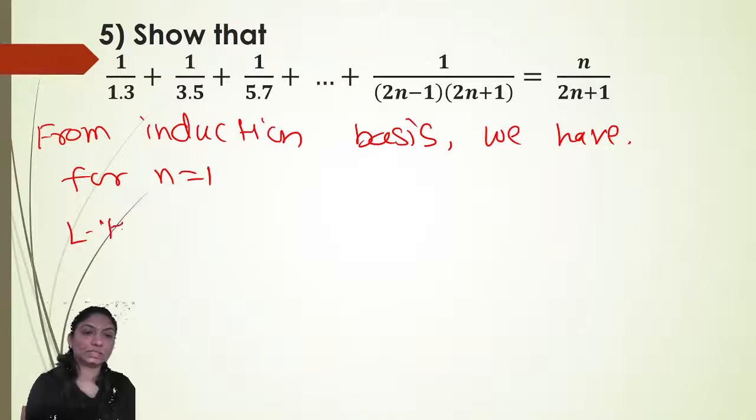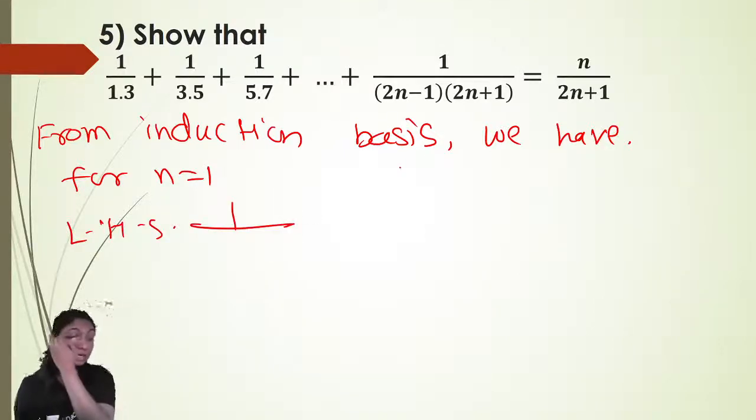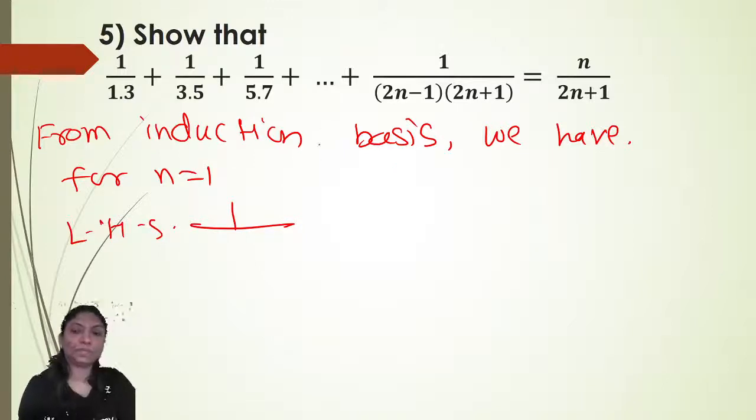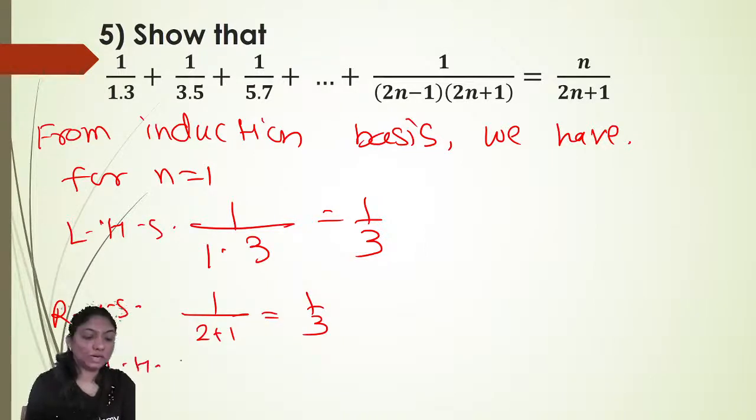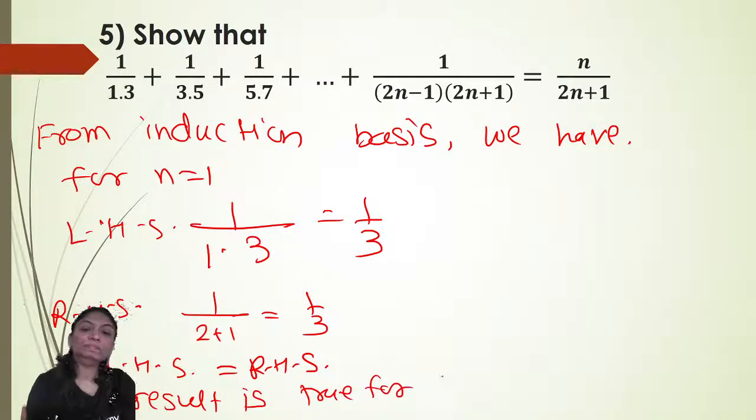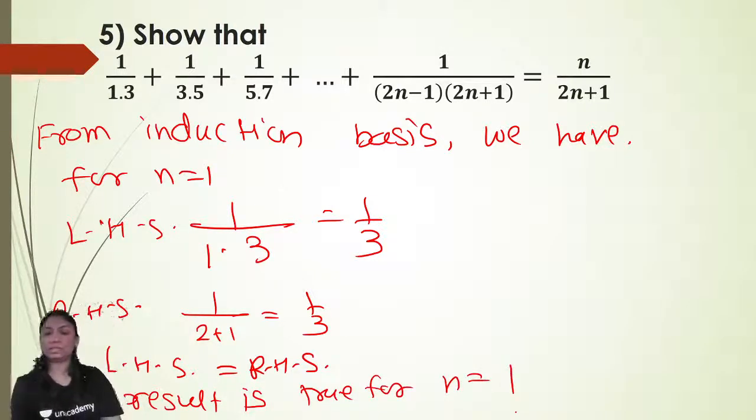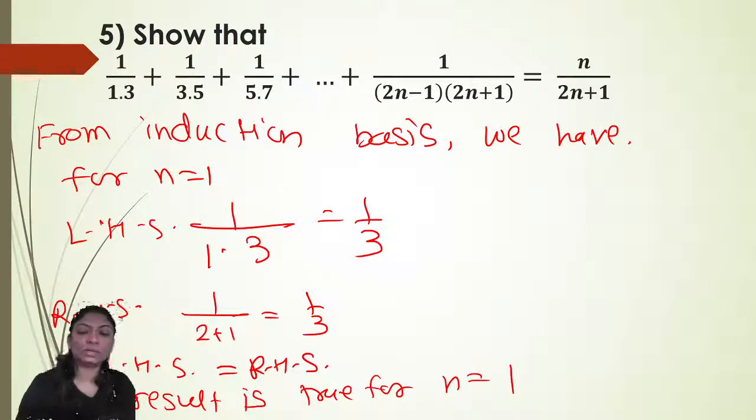LHS gets 1 upon (2n minus 1)(2n plus 1), so 2n minus 1 means 1, and 3, that is 1 by 3. RHS gets 1 upon 2 plus 1. So LHS is equal to RHS. The result is true for n is equal to 1.